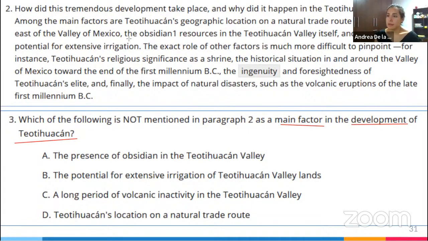Now, this is very interesting and very important. There's something called a modifier, which is a type of word that modifies the noun. So remember that I'm telling you the main words, the keywords are usually nouns. In this case, it's exactly like that, right? Factor, development, Teotihuacan. But sometimes these nouns will be accompanied by modifiers that change the image of the noun.